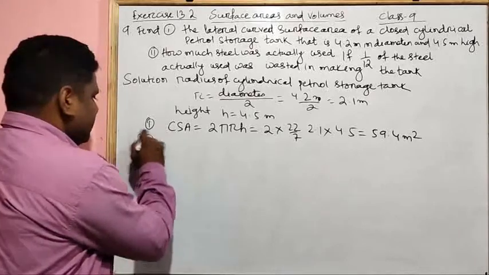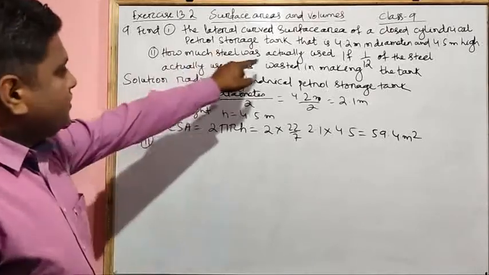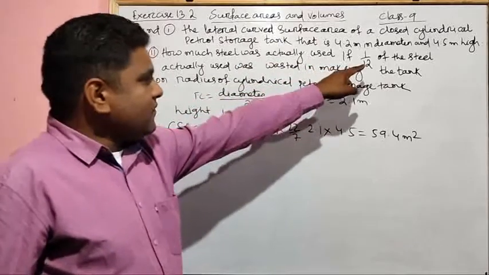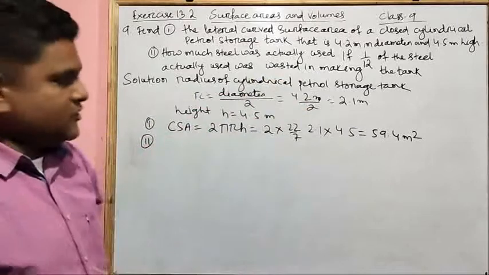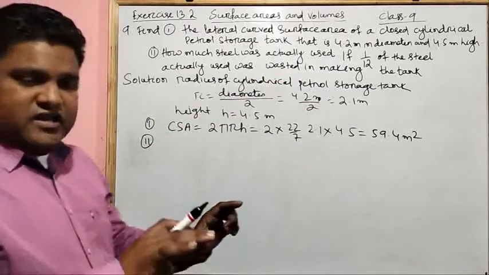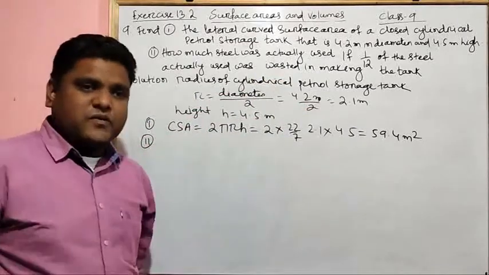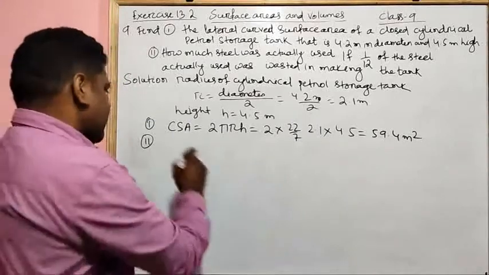Now second part, we have to find how much steel was actually used if 1/12 of the steel actually used was wasted in making the tank. So steel was used in whole tank, so we have to find the total surface area.